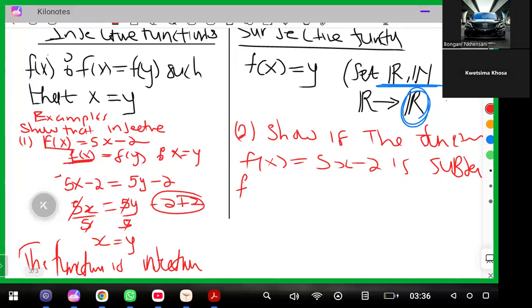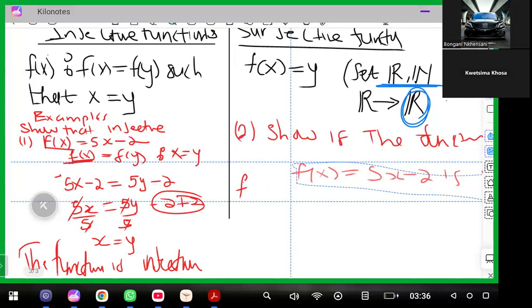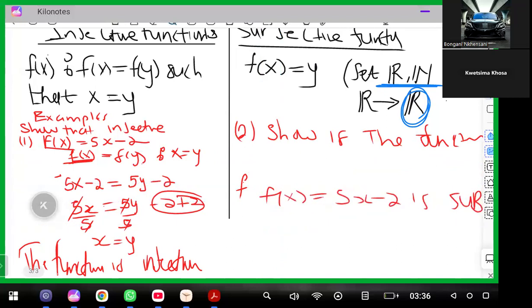They were supposed to write f maps, the domain maps to the codomain.